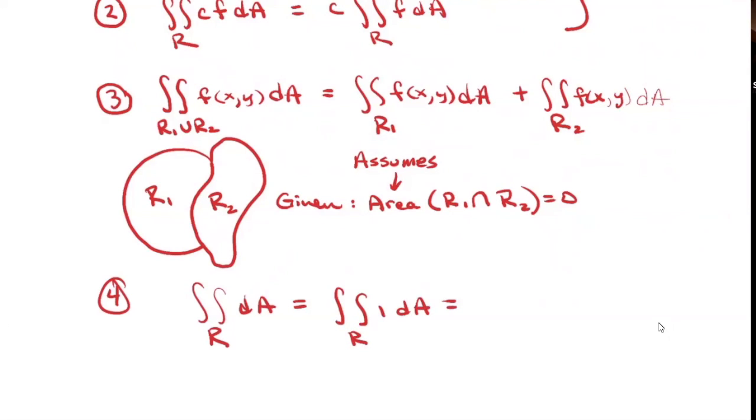Think of this as the volume under a curve of height 1 over a region R. This has a constant height, so you can just do the base times the height. The base is the area of R, and the height is 1. So in the end, you just get the area of R.